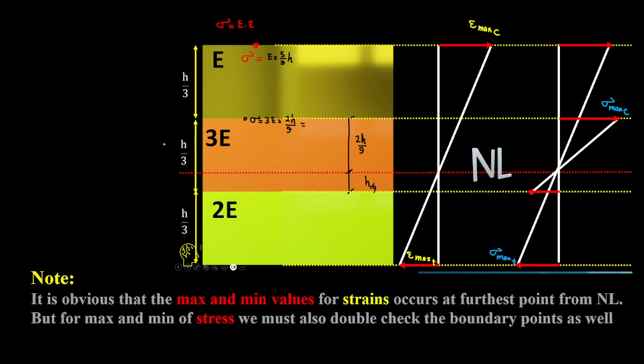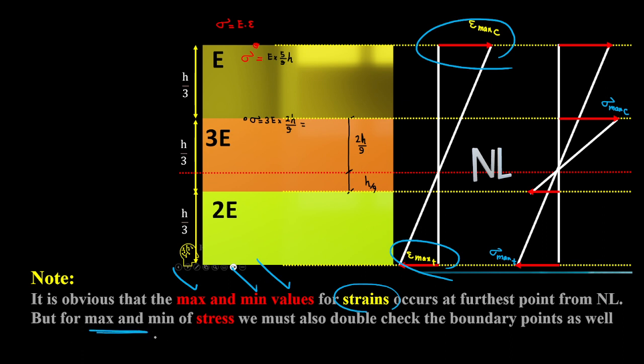That's an important note. It is obvious that the extremum values for strain definitely occur at the top or bottom, but for stress we must also double check the boundaries.